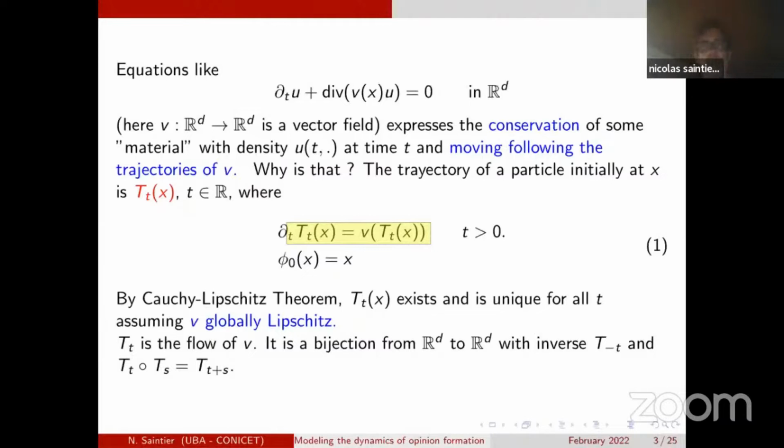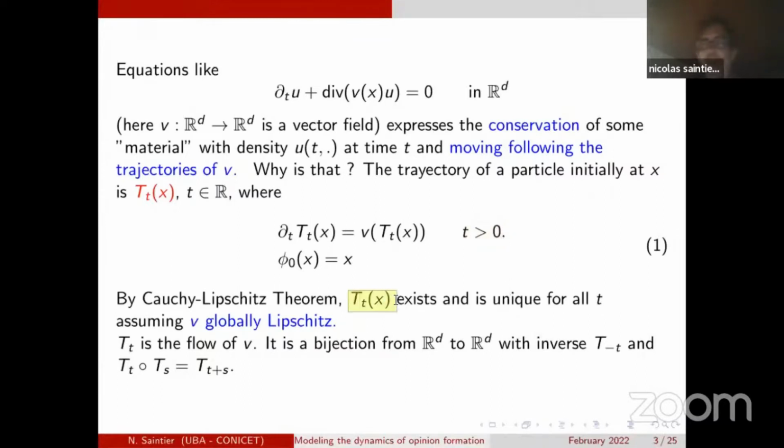And this solution, since V is globally Lipschitz, obviously exists for any time t in R, not necessarily t positive. I will always assume that V is globally Lipschitz. If not, it gets more complicated. So let's just put V globally Lipschitz, and that's it. It's easier that way. So I can solve this ODE, at least theoretically.